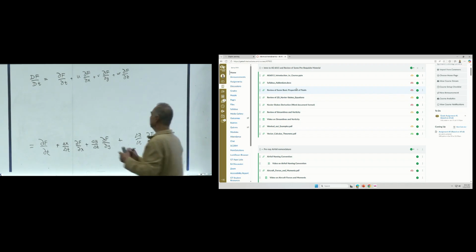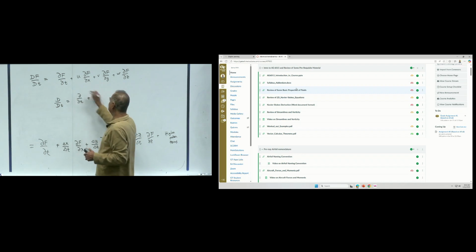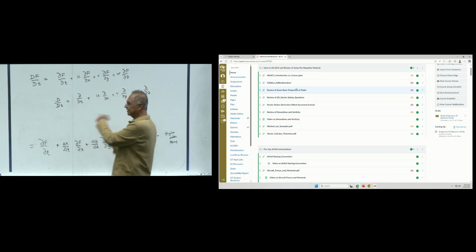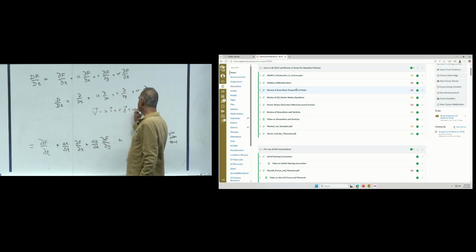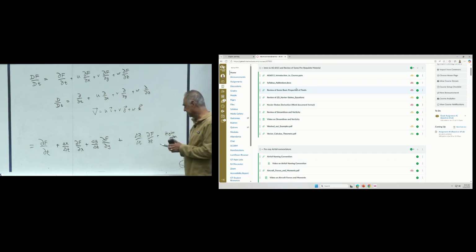So in general, you could also write it as an operator, D/Dt equal to ∂/∂t, which is an operator, plus u times ∂/∂x plus v times ∂/∂y plus w times ∂/∂z. This is just an operator notation. If you write your velocity as ui plus vj plus wk, this is the velocity vector we saw in the x direction, y direction, z direction.